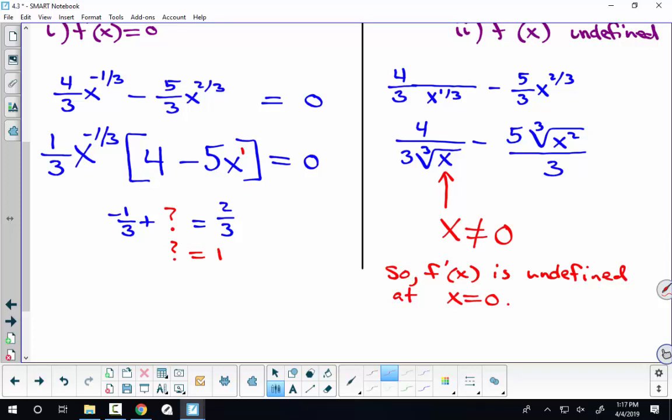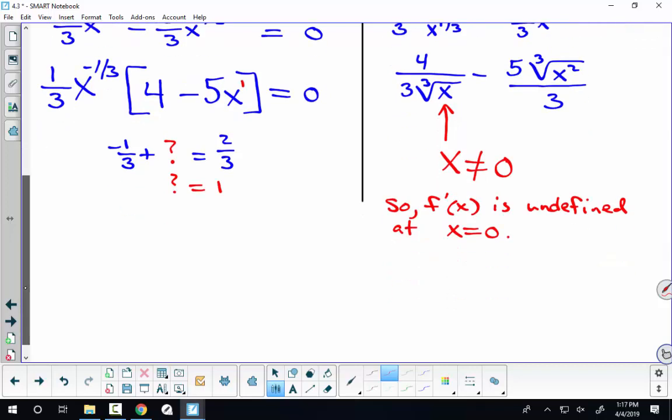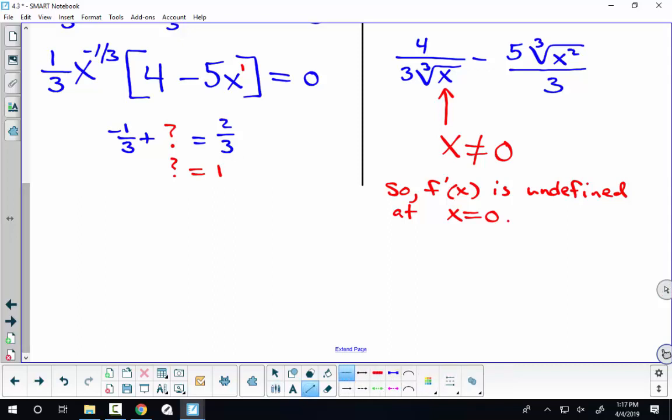Okay. And so now we have two things multiplying to give us 0. We can set those individual things equal to 0 and solve. So our first derivative is 0.